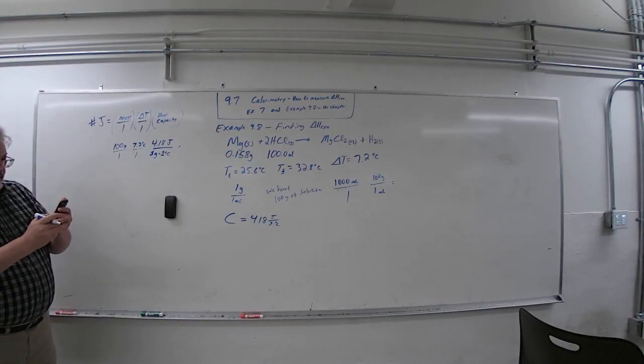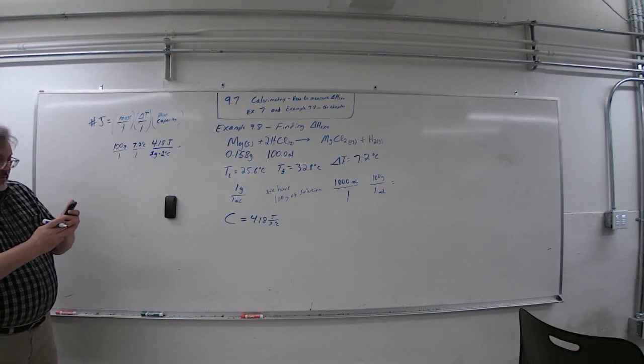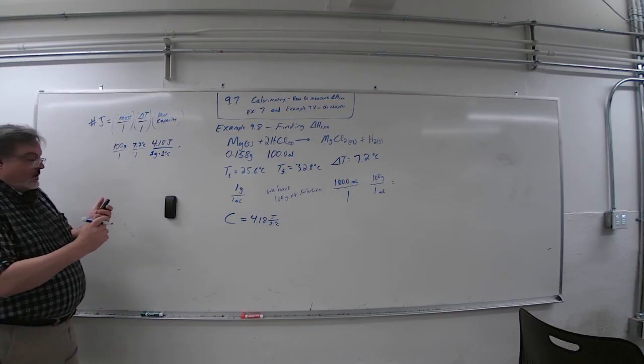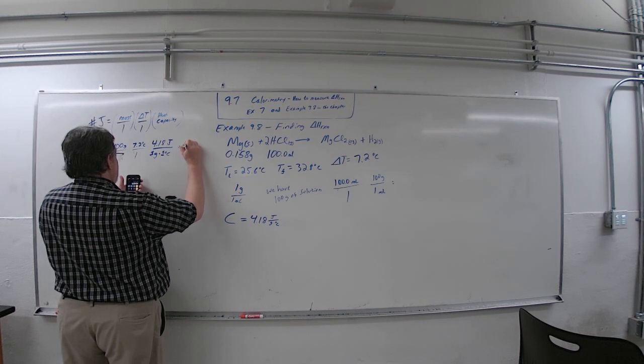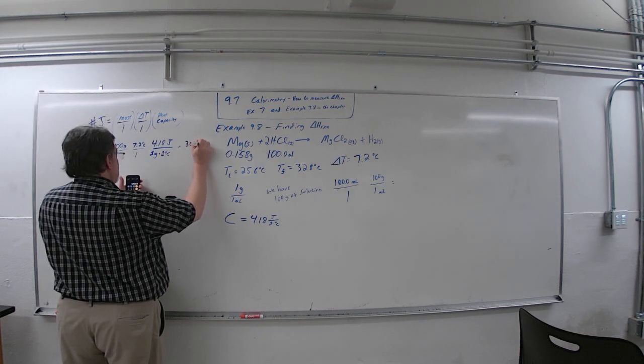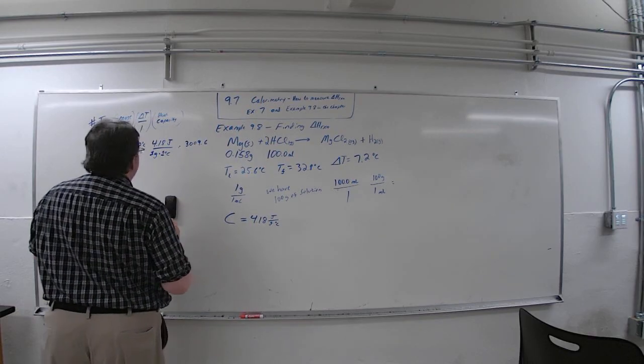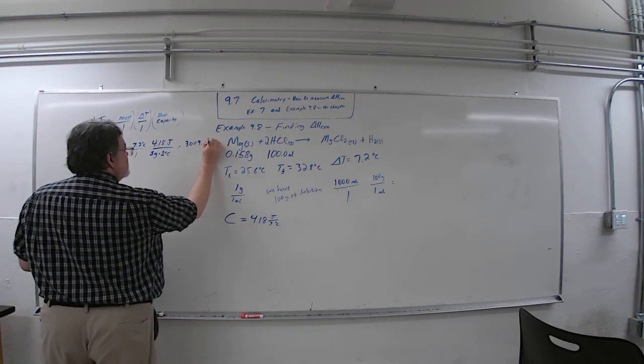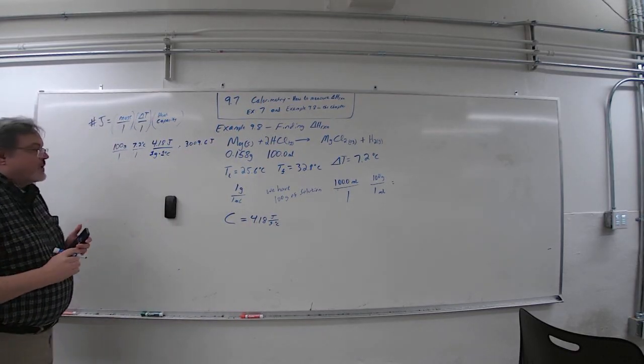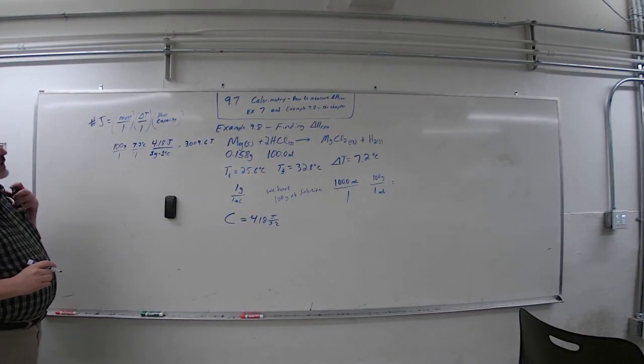That tells us 7.2 times 4.18, joules. That's how much heat was generated.